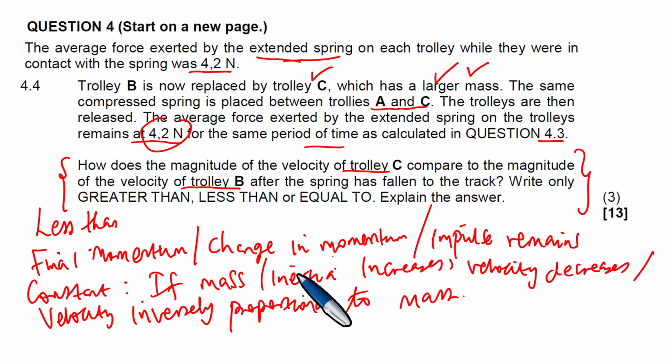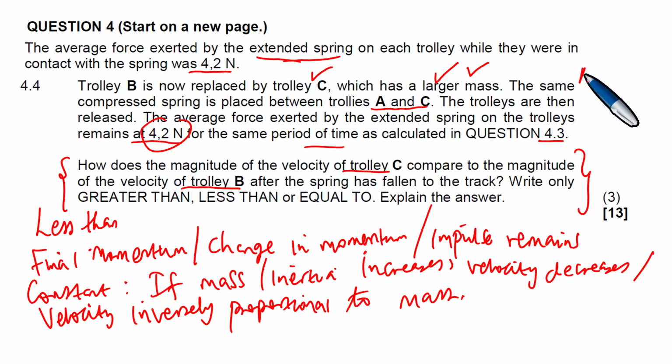If mass or inertia increases, velocity decreases, and velocity is inversely proportional to mass.